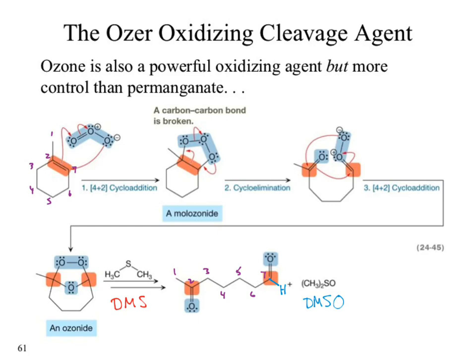Okay? Why is that important? Well, is the reactivity between a carboxylic acid and an aldehyde different? Yes, that's why it's important. If I want to stall at the aldehyde because I need the aldehyde functional group, permanganate is an awful reaction to run. Okay. Ozone would be excellent because I can stop at the aldehyde.